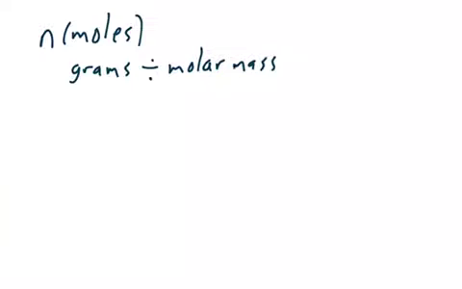Now, what you need to be careful with is to make sure you remember the correct molar mass, because some gases are diatomic. For instance, hydrogen, the molar mass is going to be 2.02 grams per mole. All of these are going to be grams per mole. So if you forgot that hydrogen was diatomic, you would only use 1.01.